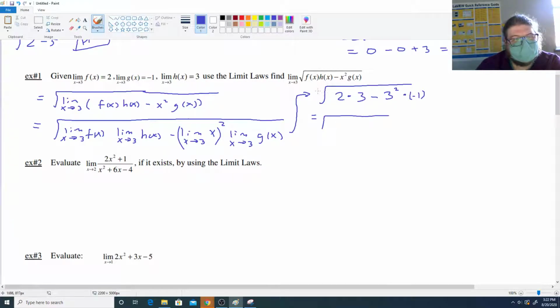So this becomes 6 minus 9 times negative 1, which minus a negative is positive. So it becomes 6 plus 9, which equals the square root of 15.